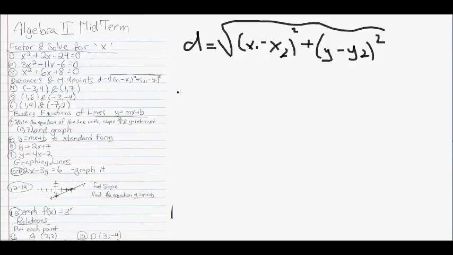Now, it looks complicated, but it isn't. So let's look at the first set of points: negative 3 and 4, and 1 and 7.